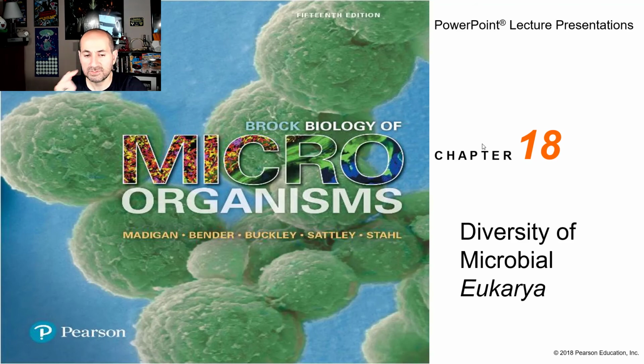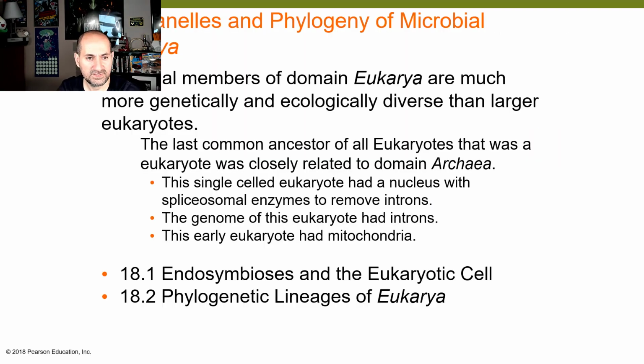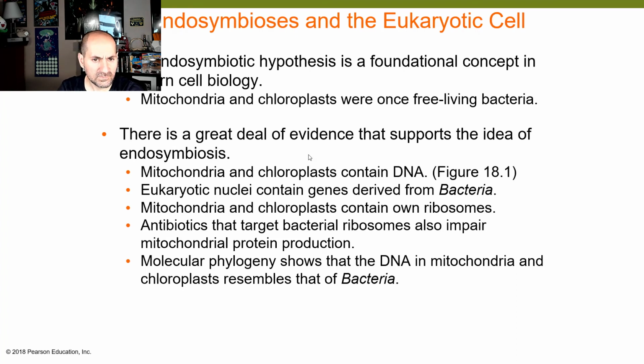All right, let's start chapter 18, covering the eukaryotic microorganisms and the diversity seen within. Remember the idea of the endosymbiotic hypothesis, or the endosymbiotic theory, that there's a lot of evidence showing that mitochondria and chloroplasts originated as bacteria long ago.